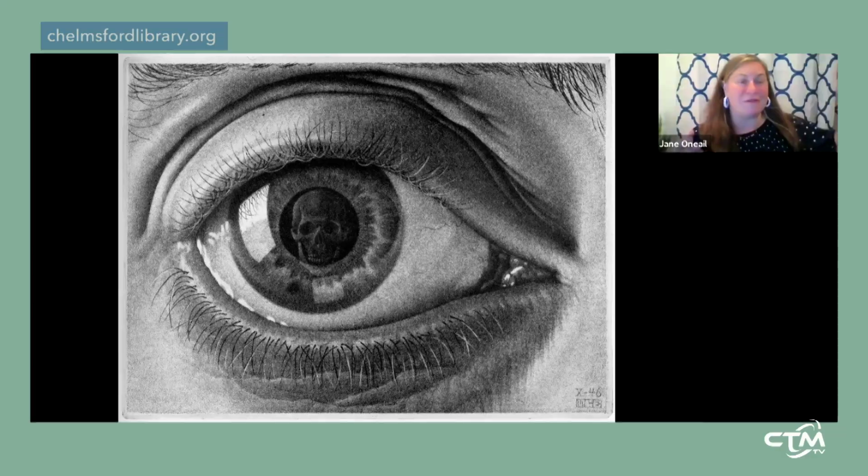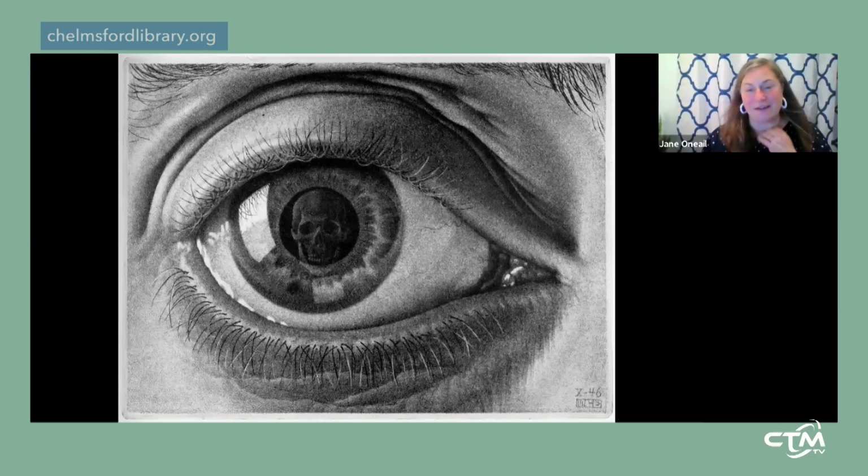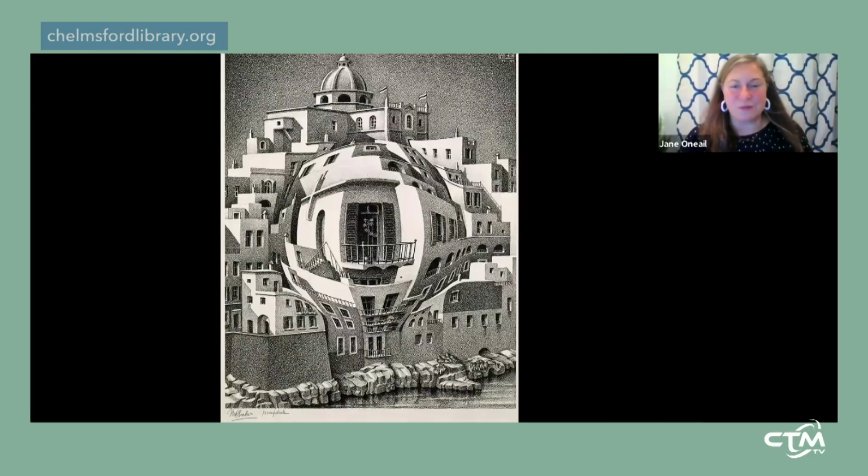And of course, you might remember from other presentations that the Dutch in particular love this idea of a memento mori, the concept of a vanitas in a work of art, that reminder that we must die, that life is short, right? And so we have this idea of staring down death here, but it's also about the curvature of the eye. And we see a similar fascination with this work here.